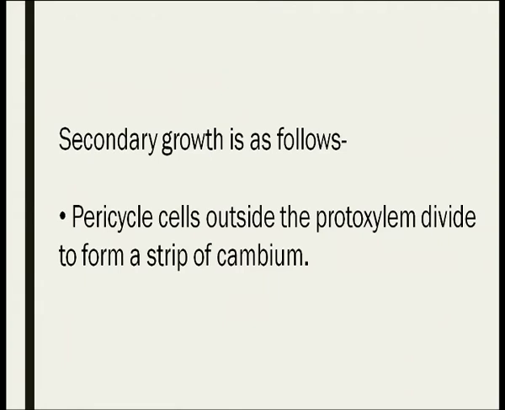And how it happens is that secondary growth is supported when the pericycle cells we had shown you in the figure, the pericycle cells outside the protoxylem, divide and form a strip of cambium. Cambium means the cells having the ability to divide, they are meristematic.